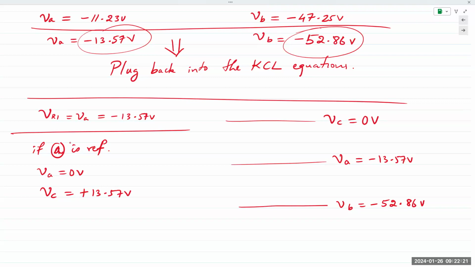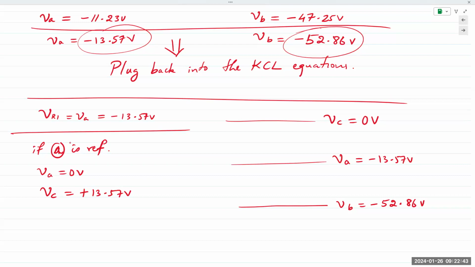Does that make sense? You can also choose B as a reference. Then VB would be 0, VA would be about 39, and VC would be plus 52. Your answers would still be correct because of the assumptions you make and the markings on the circuit schematic that you show me.